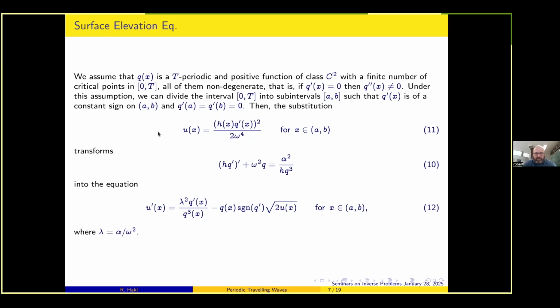Then we take this substitution, and the substitution transforms equation 10 to equation 12. Here, lambda is the fraction alpha over omega square. This alpha over omega is in this lambda.